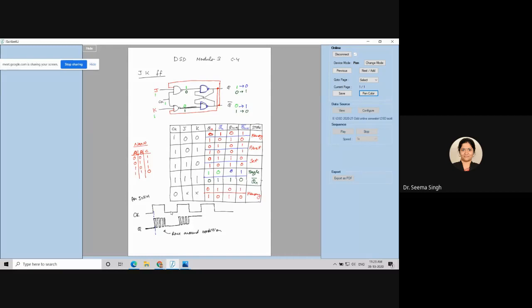Again your clock 1 came, again it will start toggling. So this is the condition when this toggling happens, and we do not know how many times it may toggle. So this is called as race around condition.